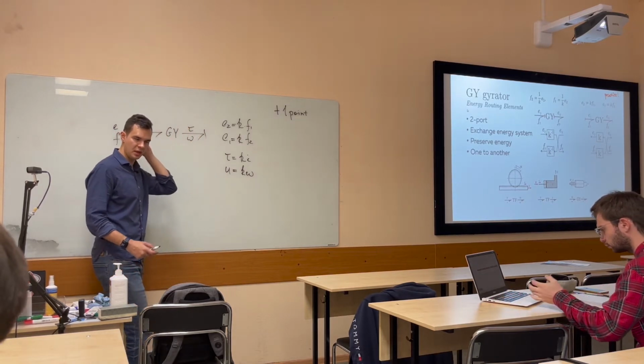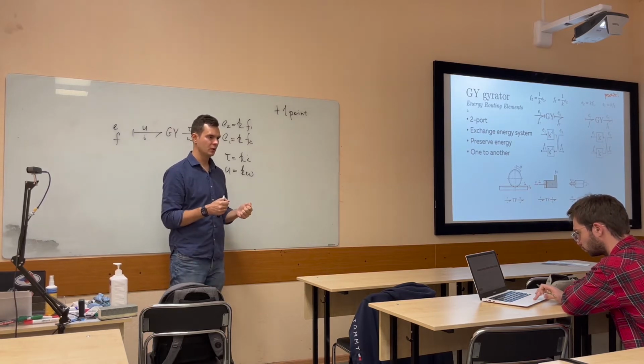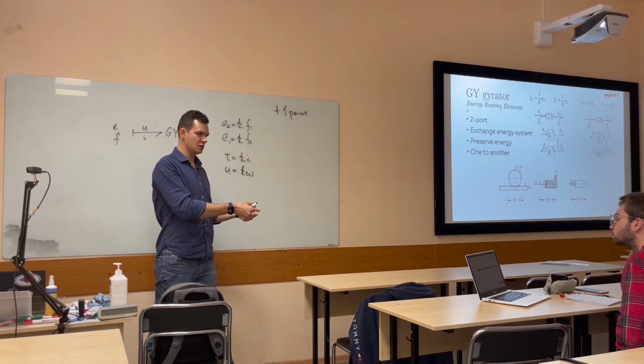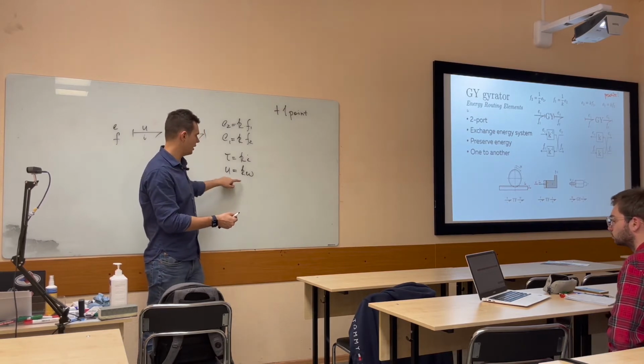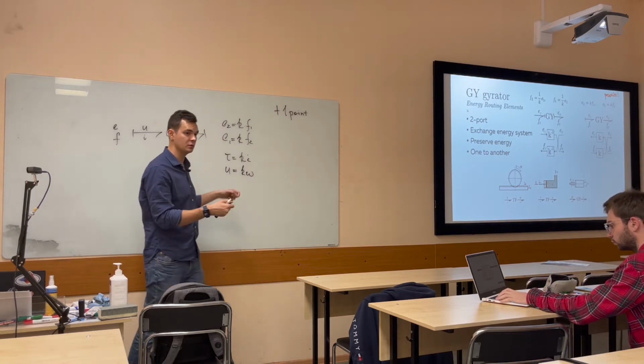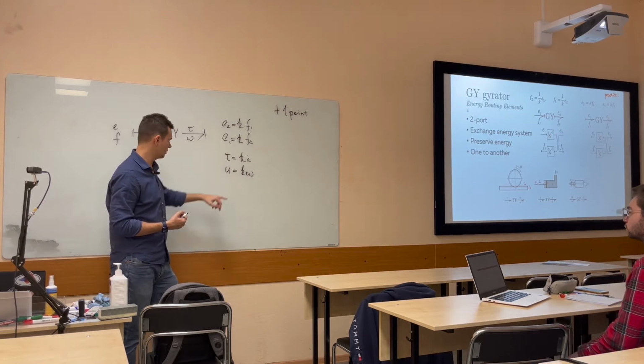You can think of it like this: you have some kind of battery and a DC motor, and you just attach your DC motor to your battery, and you will have a constant angular velocity that is proportional to your voltage.